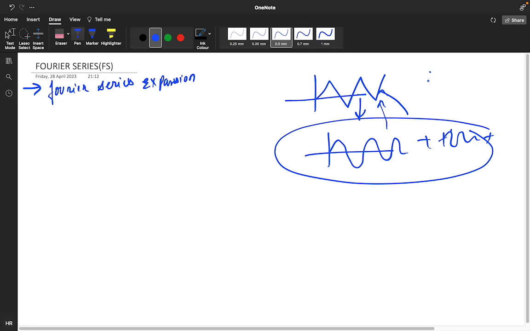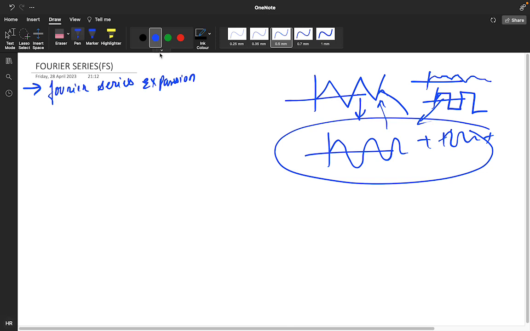Even if we have a periodic waveform, a square waveform, everything can be represented in the form of sinusoidal waveforms. That's why Fourier series are very important.